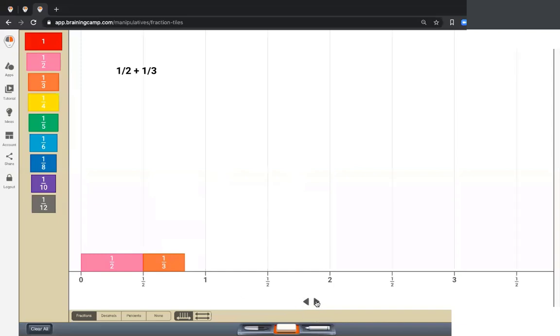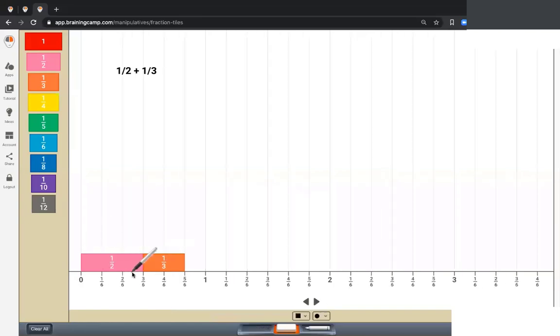If you look as I show the pieces on this number line, we can see that 1/2 is the same as 3/6. And 1/3 is 2/6. If we put those fractions together, now that we have common names of 6, we would get 5/6 right here.